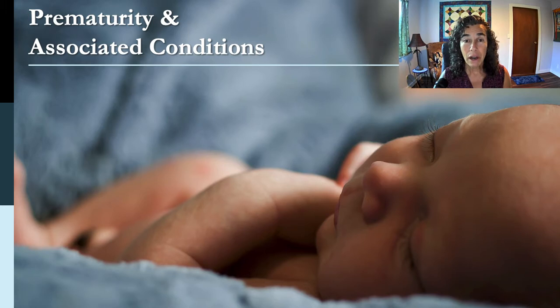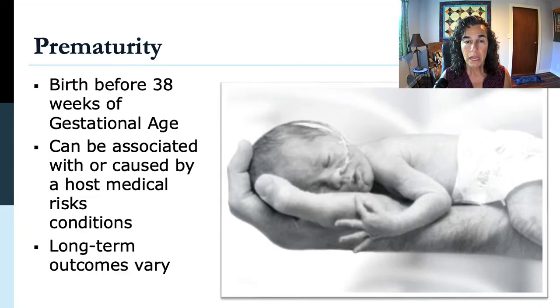We're going to start off with prematurity and associated conditions. As you probably are aware, prematurity is when a baby is born before 38 weeks of gestational age. So typically we say a baby is due at 40 weeks. If they're born a couple weeks early, they're not considered premature, but anything before 38 weeks is considered premature.